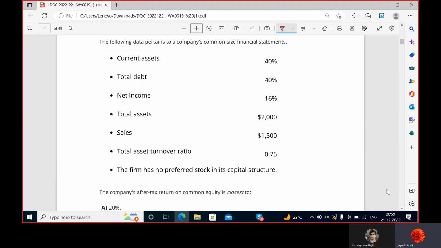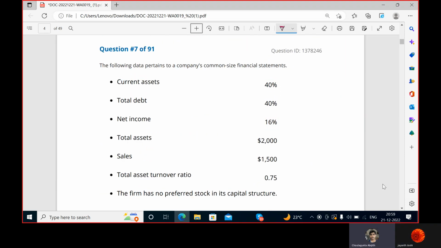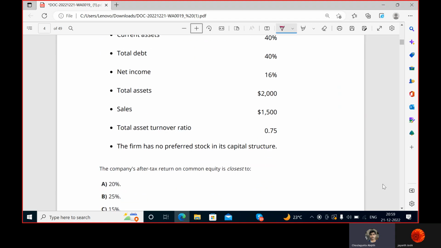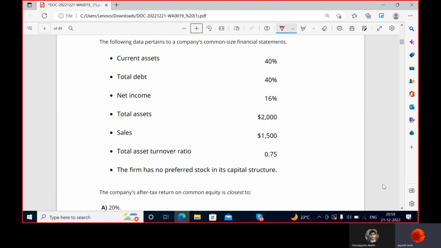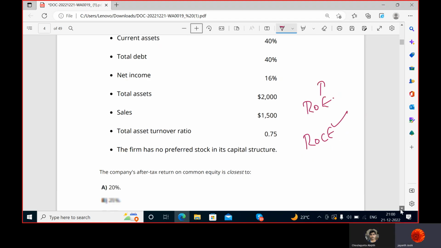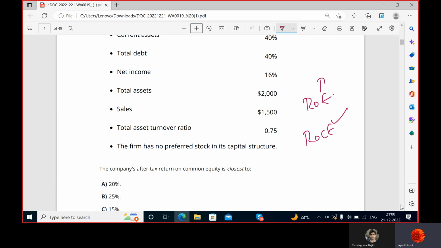Come on, do this. Okay, data pertains to a company's common size financial statement: current assets 40%. After-tax return on common equity is equal to... So they're asking you return on equity. Okay, and equity is here common equity, ROCE. First of all, what's the formula for ROCE, Abhijit?